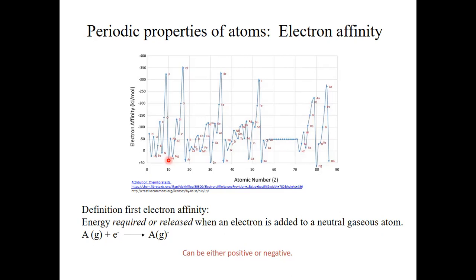Now, do we also see big jumps? Now, in this case, you see that we get the biggest jumps as we go from the group 17 to the group 18 elements. Okay, from the fluorine to the neon, from the chlorine to the argon, from the bromine to the krypton, and so forth. And again, we can explain why.